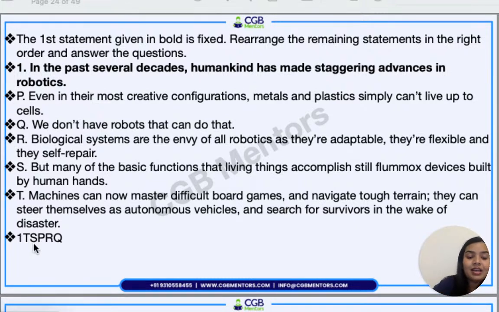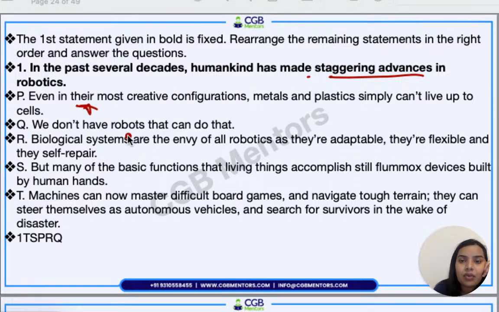So in the past decades, humankind has made staggering advances in robotics. So what happened in the past is stated here. Even in their most creative configurations, metal plastics can't live up to cells. This is a comparison, but why am I comparing, and who is 'their'?